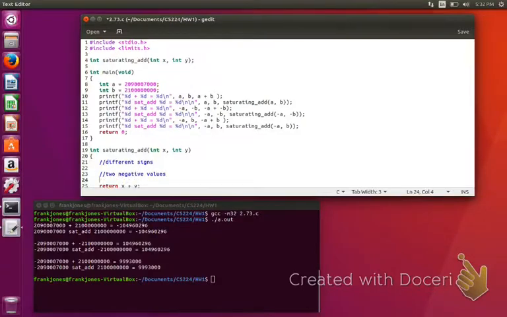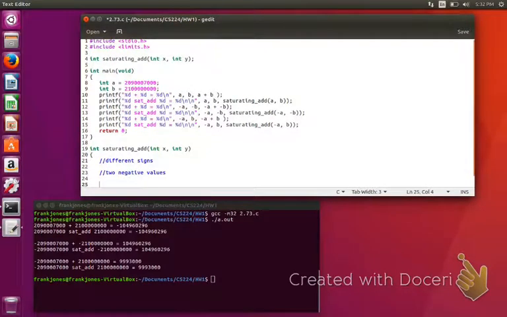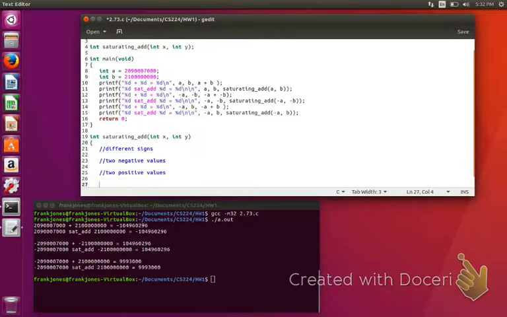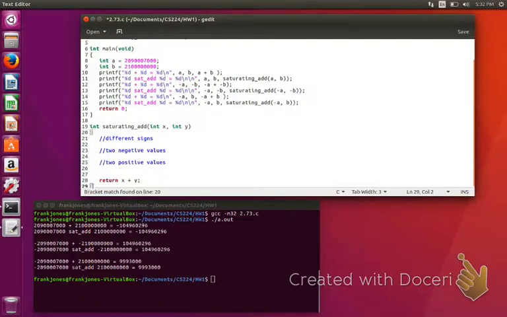In that situation, the operands would be negative, and the result should also be negative. If it's positive, that means we've had an overflow, so we'll need to deal with that. And we could have the situation where we have 2 positive values. And in the end, we want to choose between these things.